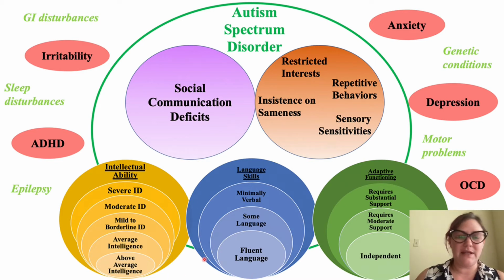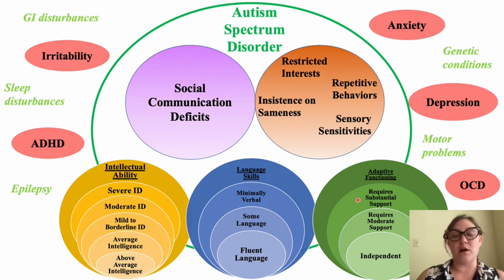Then we also look at language skills. So either they're minimally verbal, they have some language, or they fluently speak. And my son falls into this category where he fluently speaks. And then adaptive functioning. This is where those specifiers come in for each one of these categories.